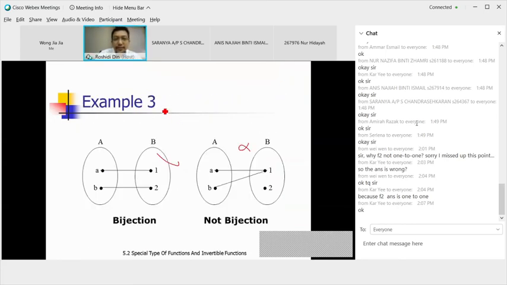That's about bijection. A bijection means one-to-one, and if we have 2 elements here, there must also be 2 elements involved here.